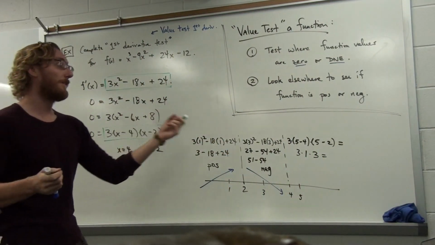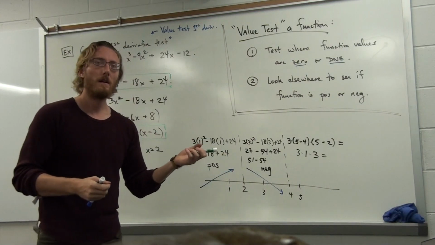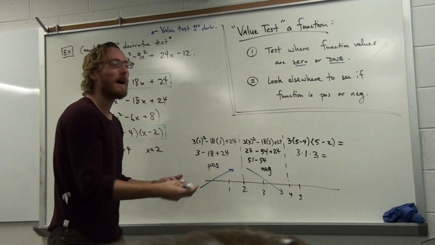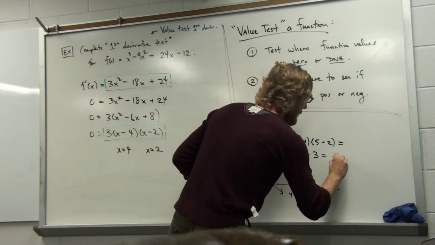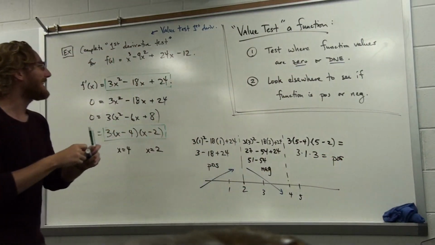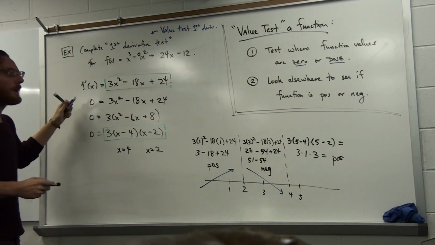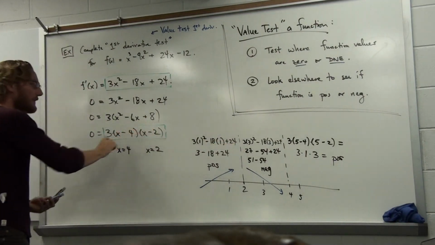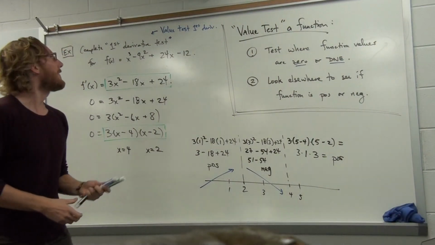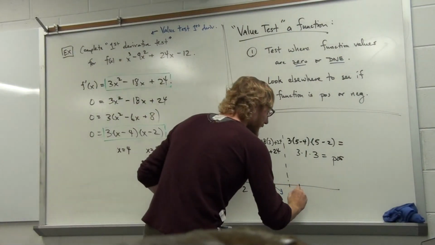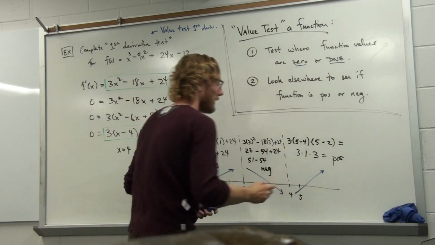We don't care specifically what the value is. All we care about is whether this thing is positive or negative. And you can see clearly the value here is positive. And the value here is the value of the first derivative, because we plugged our 5 into our first derivative. So if our first derivative is positive, that means that our original function has a slope that's uphill.